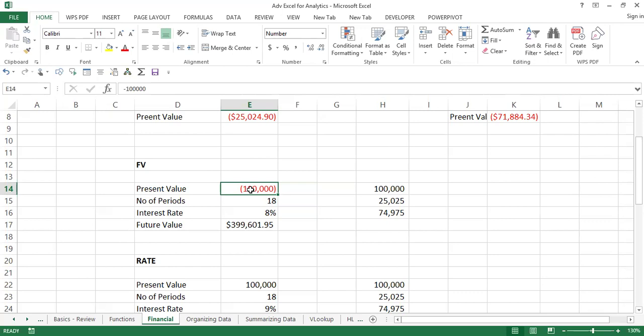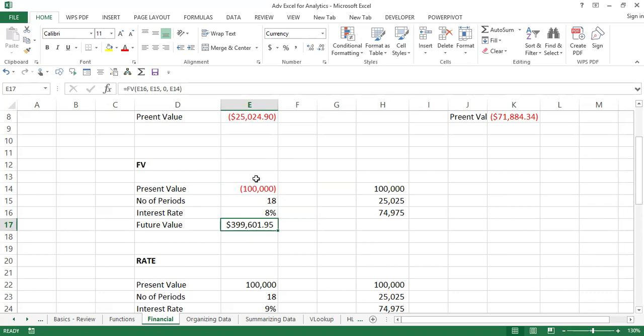Sorry, this amount is a debit. This amount is given to you. But you are paying back this one.